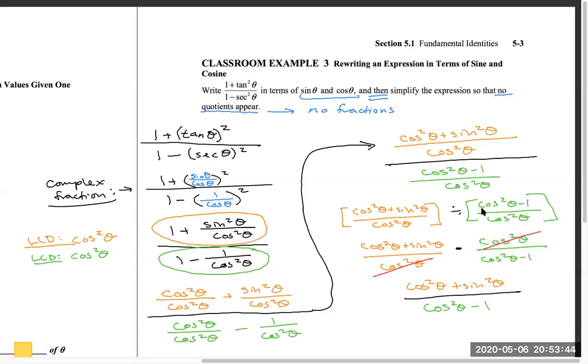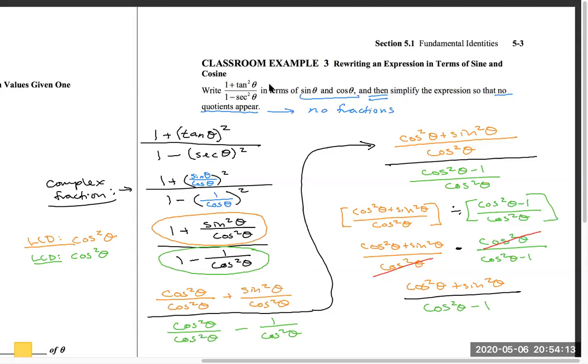Now, when you're comfortable enough with this step, you can actually skip that. The reason is we already showed the long way how this works. Notice, if we're back up to this step, if I see a cosine squared theta in the denominator here and a cosine squared theta in the denominator here, they'll both cancel out. Okay, let me undo that. It's not what I wanted to do.